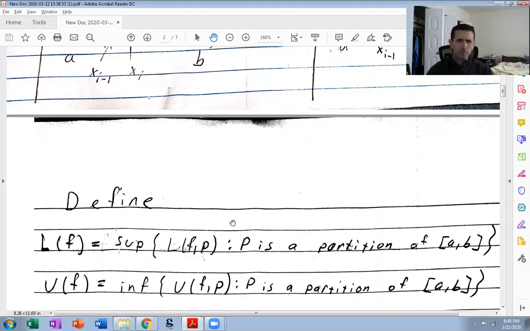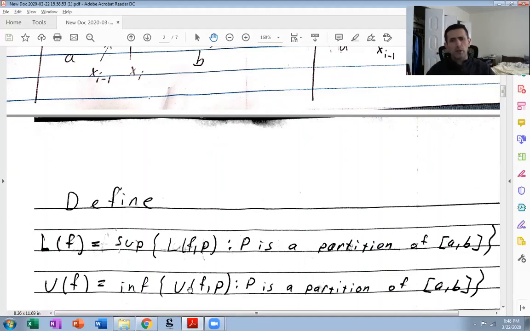This makes sense, taking the supremum and infimum. Remember, as we look at these lower Riemann sums and get smaller and smaller partition interval sizes, the lower sums get larger and larger and start to approach what should be the area under the curve.